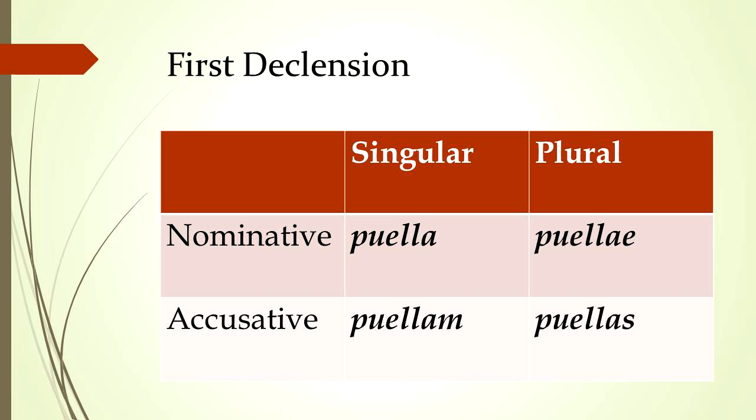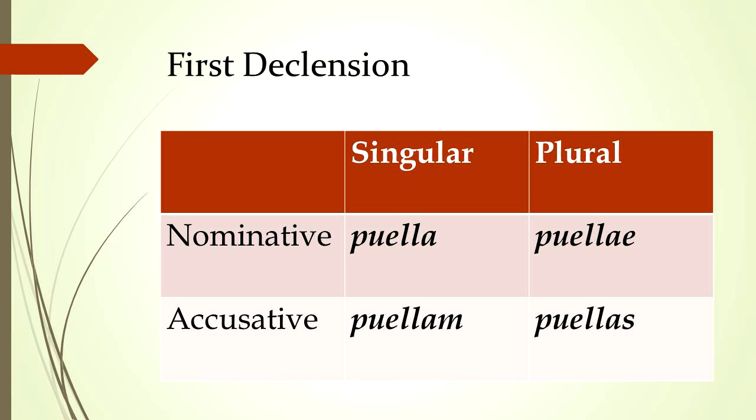The nominative singular form puella becomes puellae in the plural. So if multiple girls are doing something, this is the form you will use. The accusative plural ending is as. So if something happens to multiple girls, the form you use would be puellas.